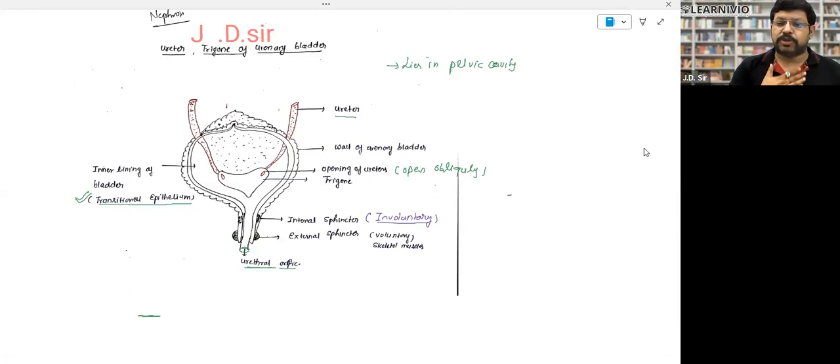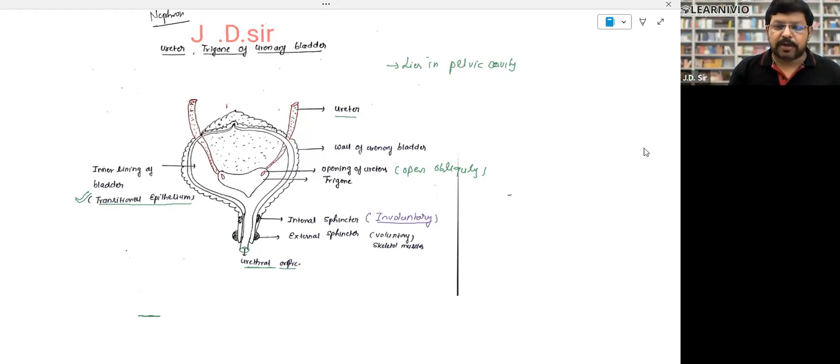Every digestive chamber has sphincter muscles, right? So when food goes from the stomach to the small intestine, it cannot come back, right? Because at the joint of stomach and small intestine, there is a valve-like muscle, right? Food can go into the intestine, cannot come back, right? So these are the sphincter muscles, right?